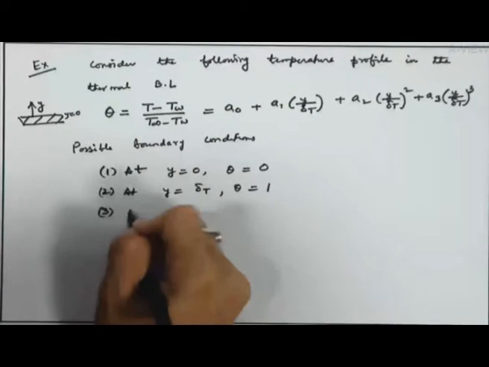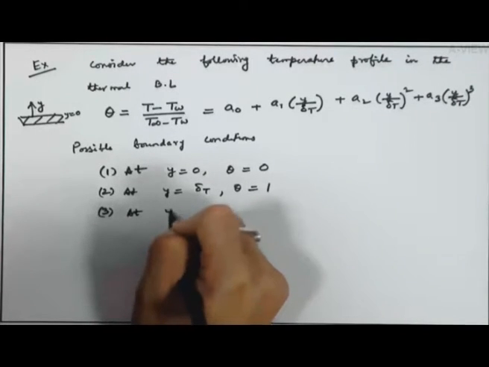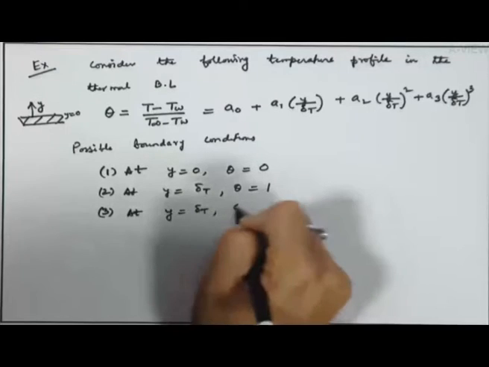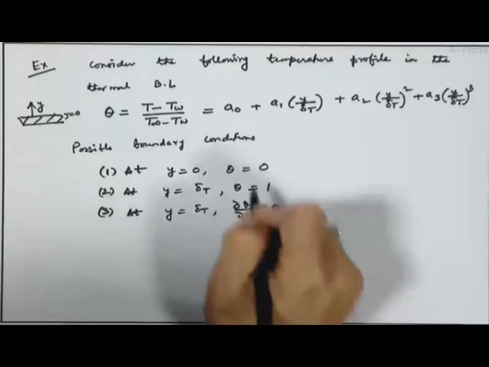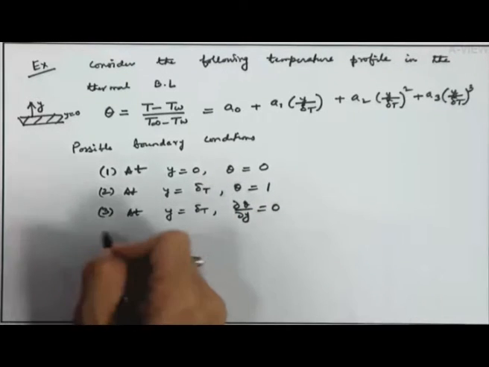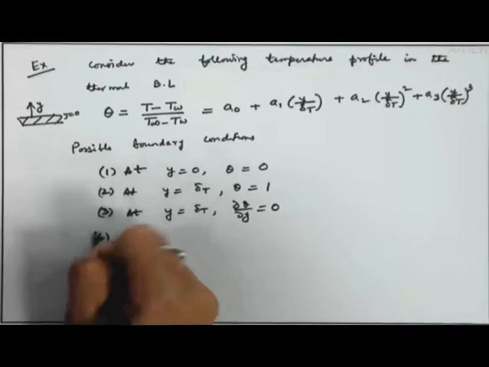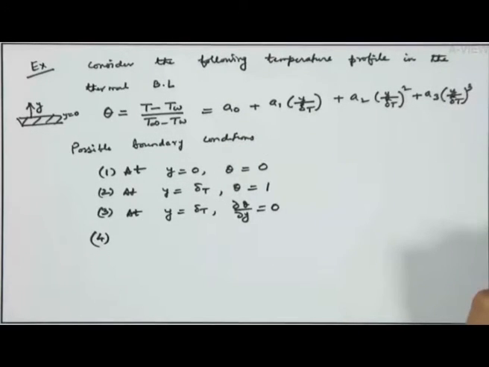Third is at y is equal to delta T, you must have del theta del y equal to 0. There is no further gradient of temperature as you go outside the thermal boundary layer. And the fourth boundary condition, because there are 4 constants here, you require 4 boundary conditions.